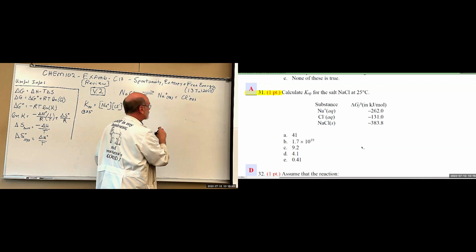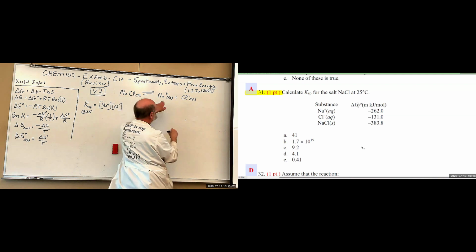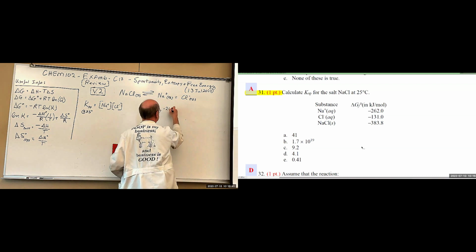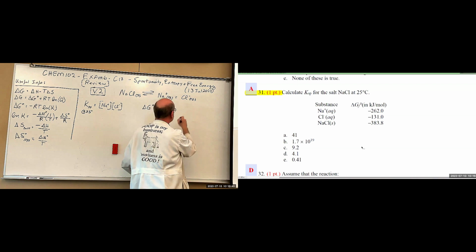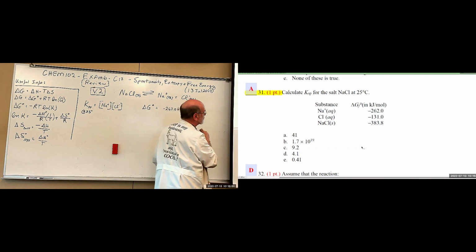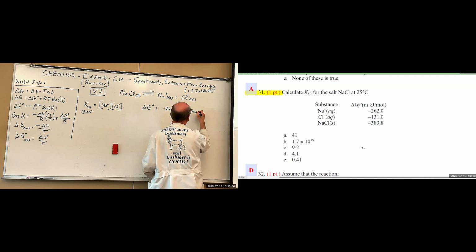So what would the delta G for this reaction be? It would be sodium, right? Minus 262, and that's kilojoules, plus chlorine, which is minus 131 kilojoules.